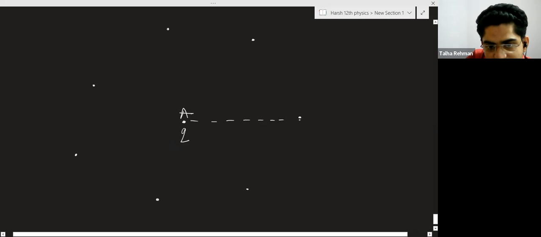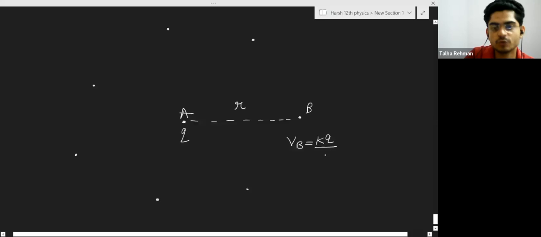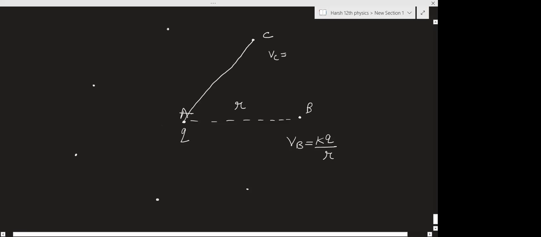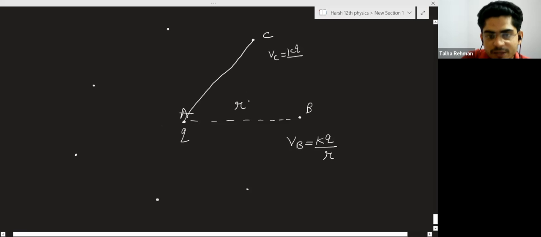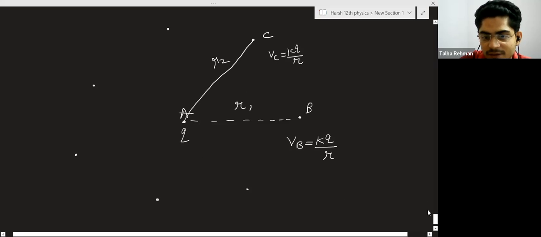Because due to this charge, there is a potential at point B. We have the formula KQ by R. And if I want to calculate the potential at point C due to this charge, VC is equal to KQ by R2, suppose this is R1 and this is R2.